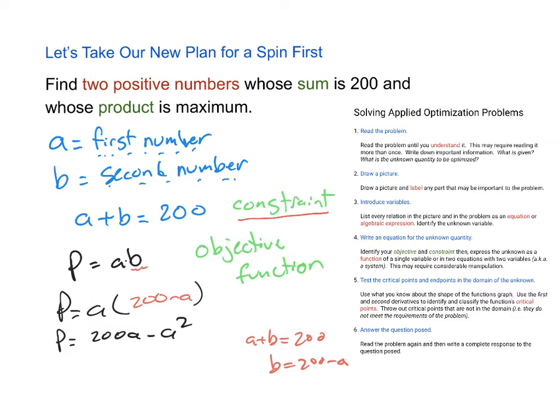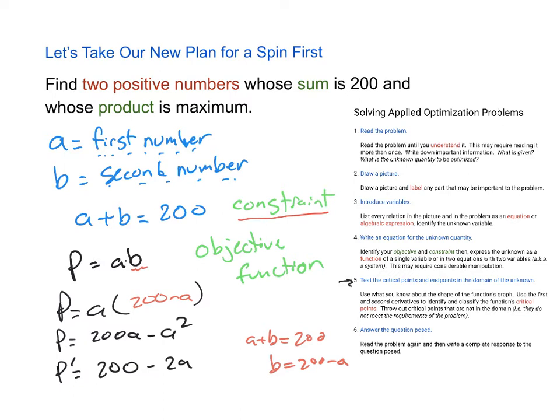And now we'll do optimization, which basically means we're looking for extreme values. So we need critical points, right? That's what step 5 is asking. We're supposed to find the critical points and the endpoints and test those. So I'm going to take the derivative. P prime is going to be 200 minus 2a.